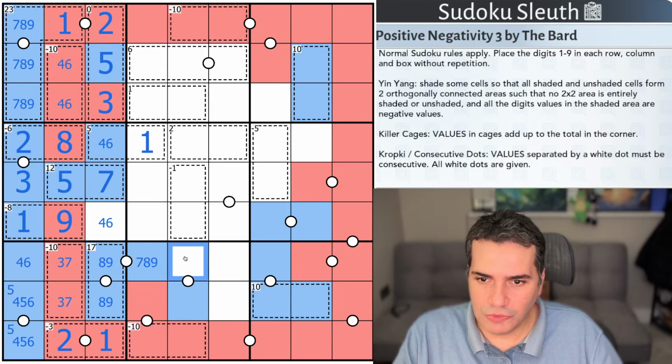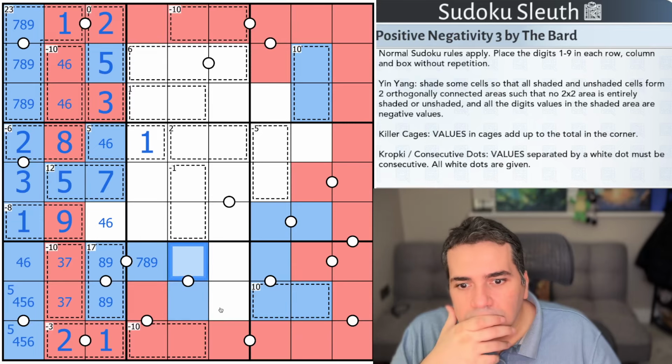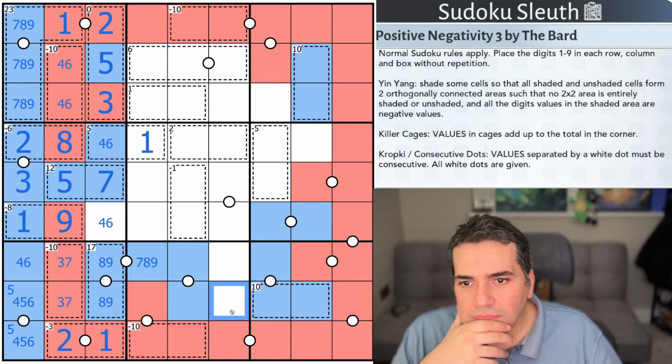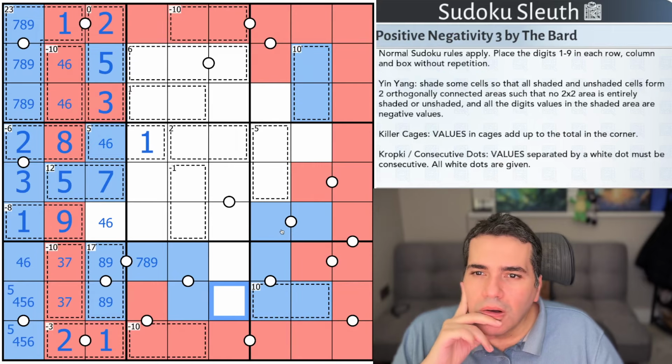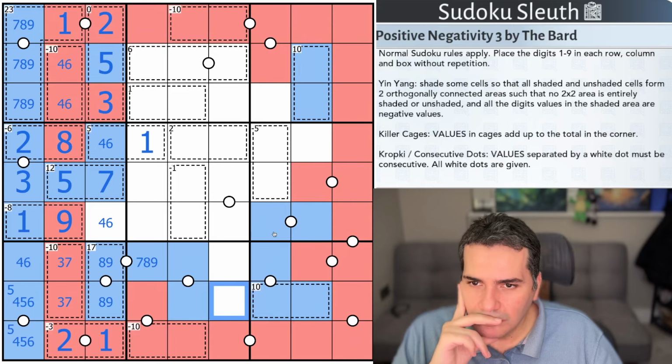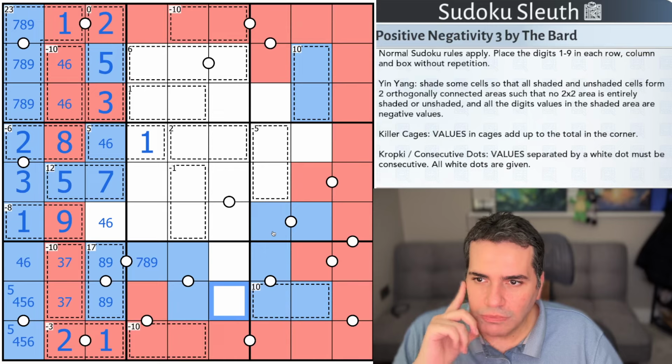The white Kropki dot forces another blue. This could be either. I'm suddenly a little bit stuck, actually. Where am I going with this?